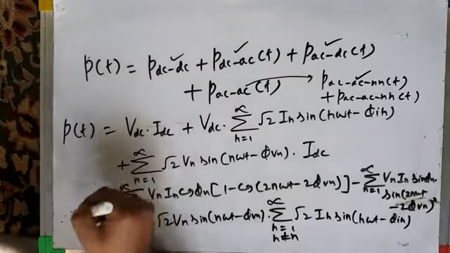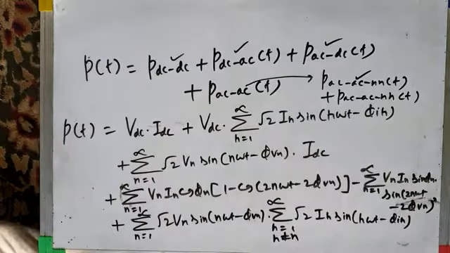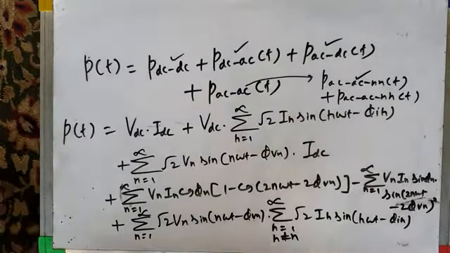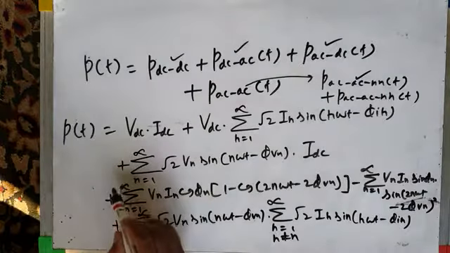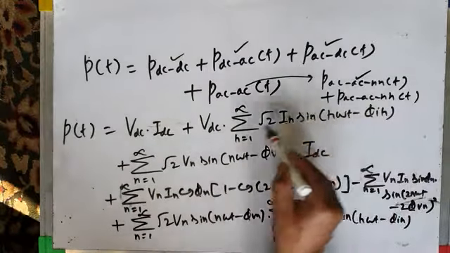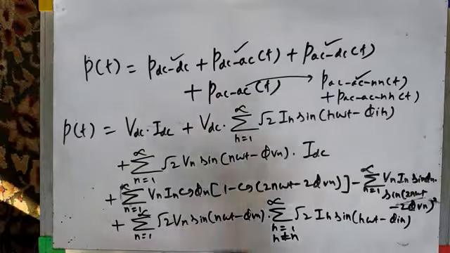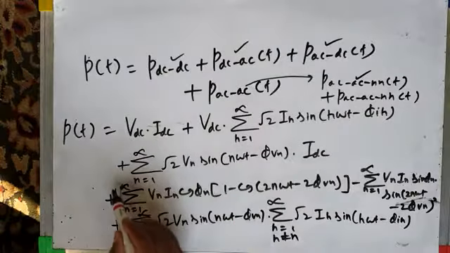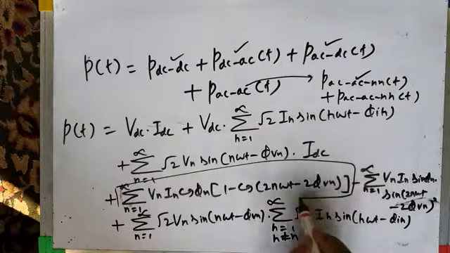This was the final expression for power. Okay, and then instantaneous active power, if you remember, these DC terms don't give active power, they give only distortion power.